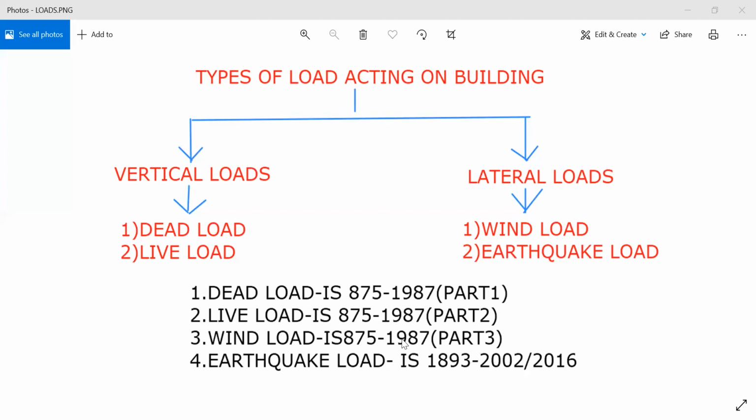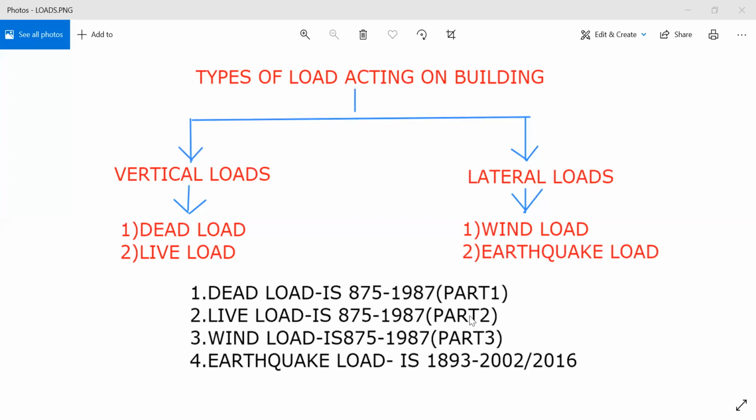As I have elaborated here, IS 875 1987 part 3 will give you all the parameters in a descriptive and detailed manner for the wind load.